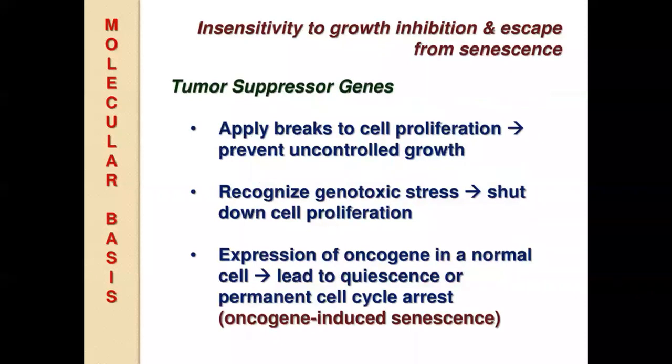Now we move on to tumor suppressor genes. These apply brakes to cell proliferation, so they prevent uncontrolled growth. They recognize genotoxic stress and shut down cell proliferation. Their expression in a normal cell leads to quiescence or permanent cell cycle arrest.